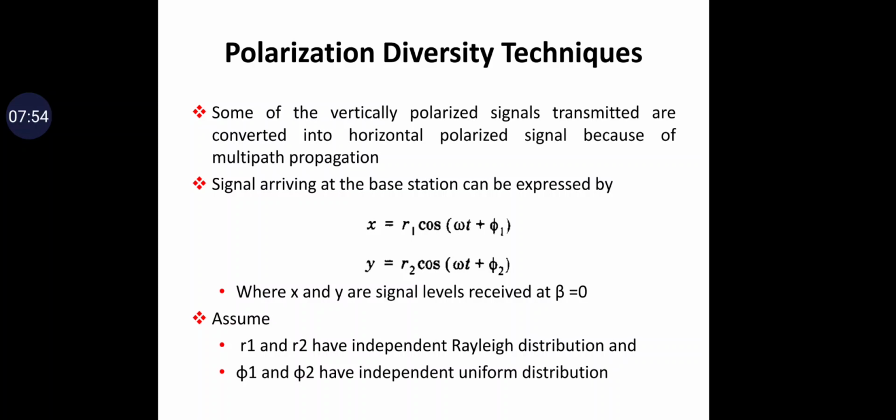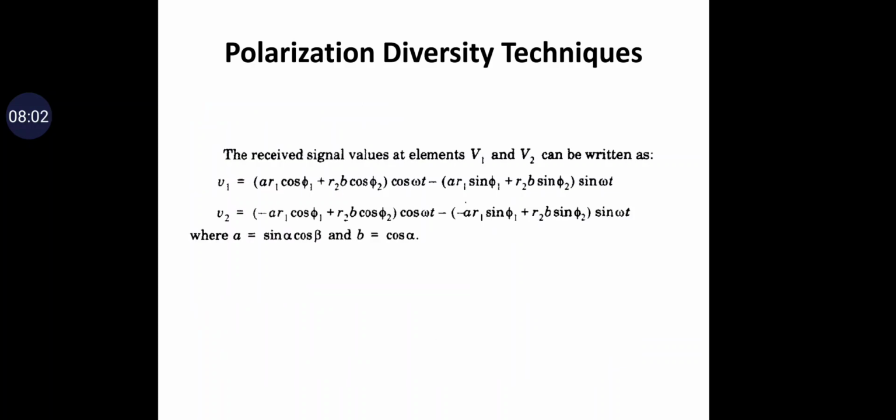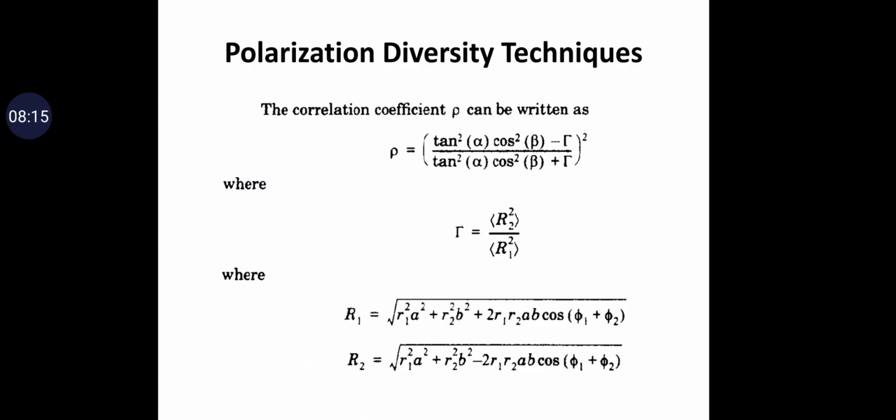Let's assume R1 and R2 have independent Rayleigh distributions and phi1 and phi2 have independent uniform distributions. So the received signals at elements V1 and V2 can be written as these equations. These are the two equations that represent the received signals at elements V1 and V2. And then the correlation coefficient rho is calculated and it is written. The equation is given.